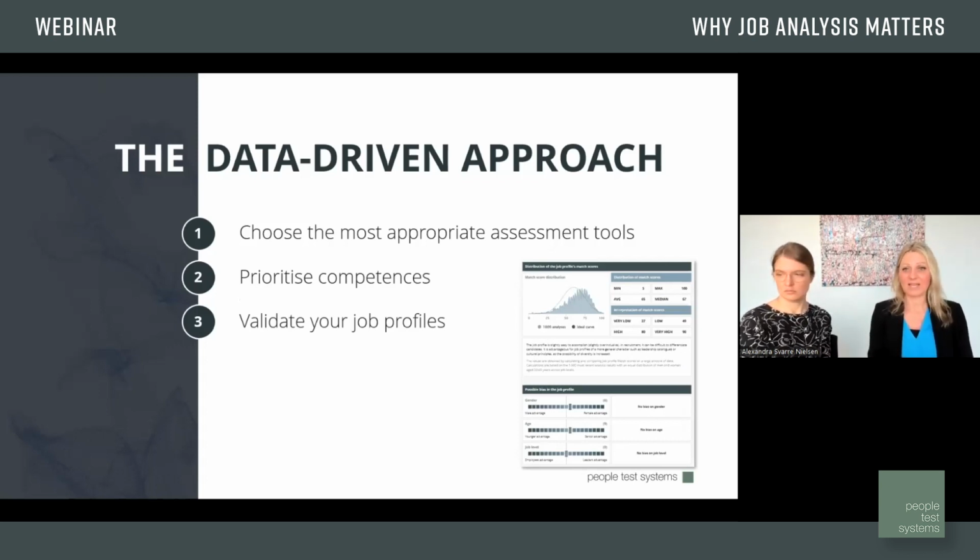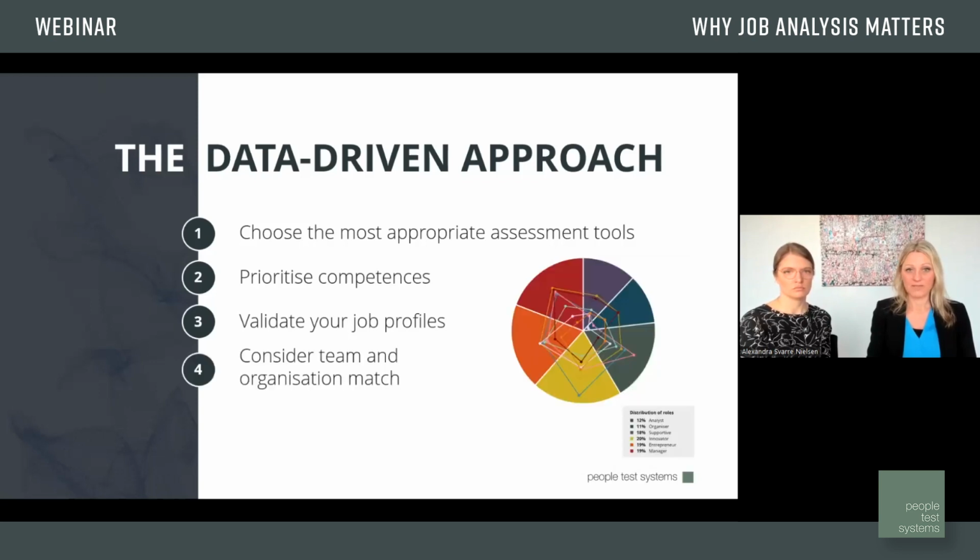Validate it and check for bias in the job profile. And if this is new for you, what you see here on the screen, then contact us and we will go through it, because this is a tool or function on the platform today.